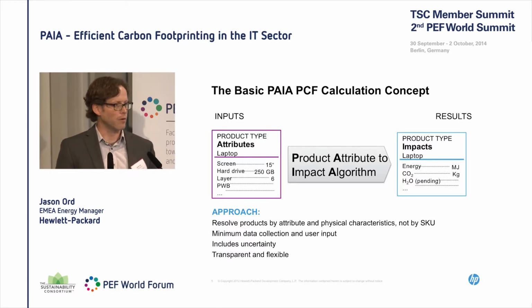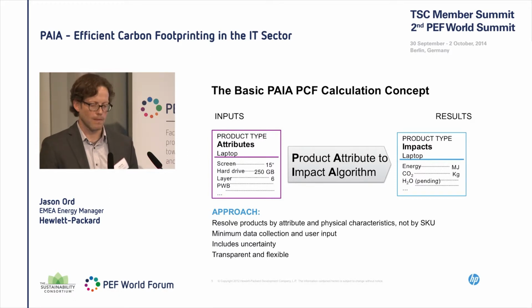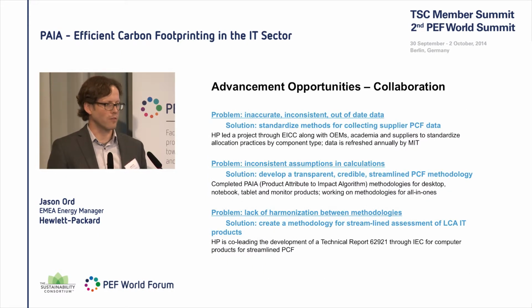So all of those are inputs into this calculator. Then we gathered primary data, filled that in with secondary data, primarily from EcoInvent, and we come up with a carbon footprint out the other side. The only thing that's unique to each manufacturer and to each device beyond the parameters of the device is the energy consumption. So we use the Energy Star energy consumption to tailor the result to each device that we're looking at.